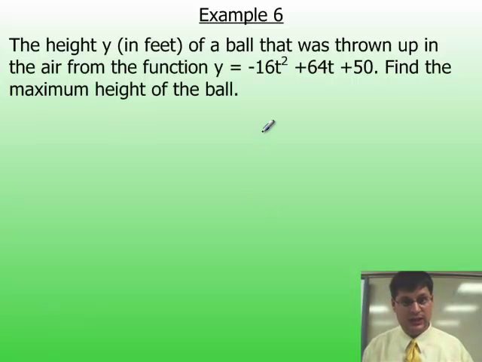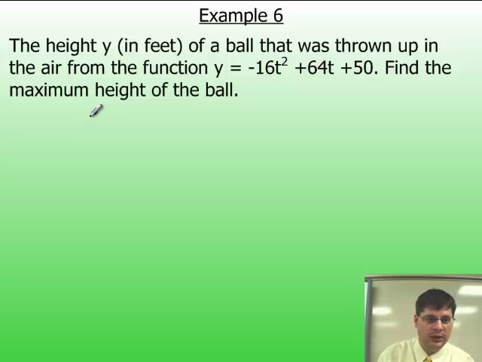The negative 16 tells us that we'll have a parabola that's going to open down. So our vertex is going to be a maximum, and that's going to represent the maximum height of the ball. So we have to find the vertex. In order to find the vertex, we need to take this formula, that's in standard form, and convert it into vertex form. Once it's in vertex form, we can figure out the maximum height pretty easily.